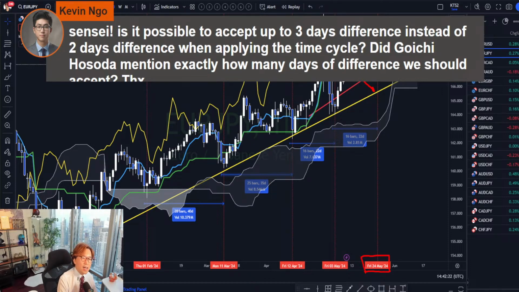So I say 2 days difference is acceptable. 3 days is a bit too off, because if it's 3 days plus and 3 days minus, that's like 1 week difference, Monday to Friday, and that's a big difference. So this is basically based on my experience: if it's 3 days difference, then you had better take the Taito-sui, not the Kihon-sui analysis.